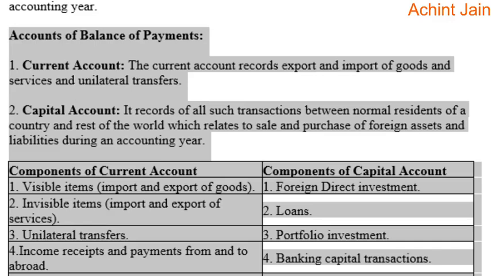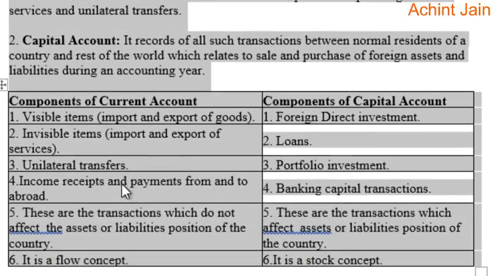There are various components of the current account. You will see on the screen: export and import of visible items, export and import of invisible items, unilateral transfers, income receipts and payments from and to abroad. Now we discuss the components of the current account one by one.